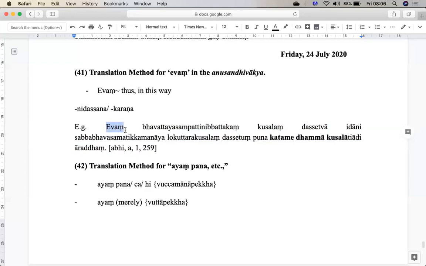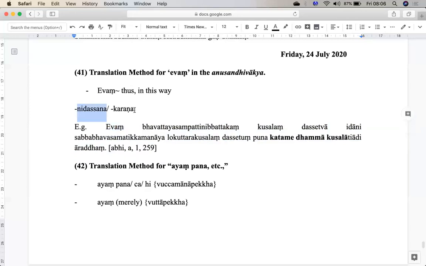But to understand precisely, evaṃ can be nidassana. Nidassana means just evaṃ, that is, "thus" or "in this way." But karaṇa means instrument.